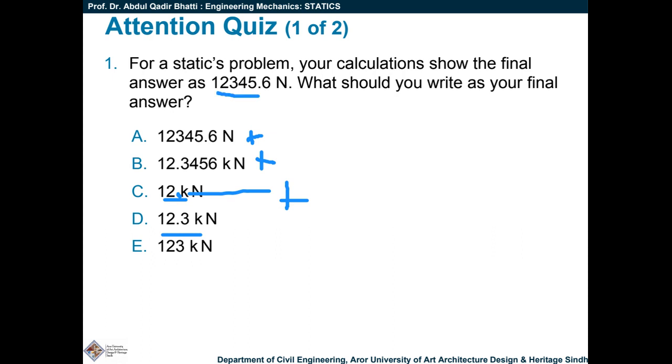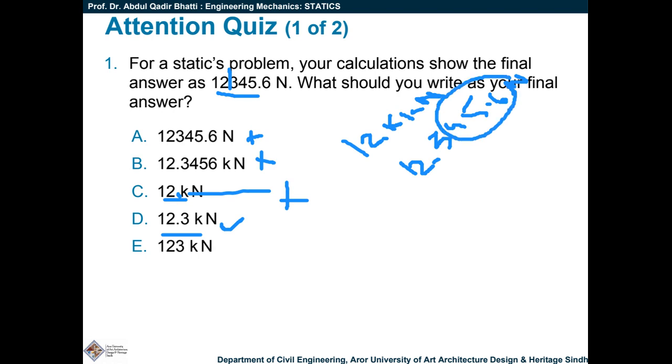This will be correct, right? Yes, sir. Why? Because after 12.3 we can convert it to 12.3 kilonewton, and because of 12.345 and 0.6, if we convert into kilonewton, divided by 1000, and then this is the 4.